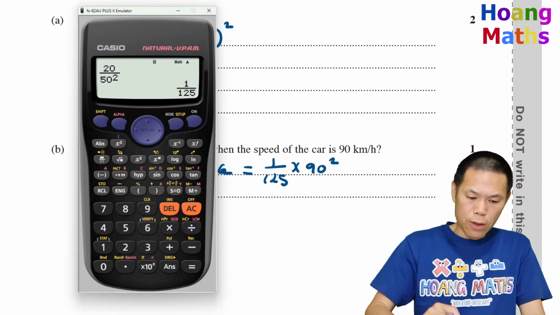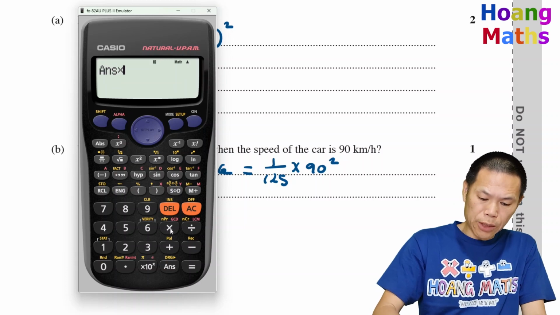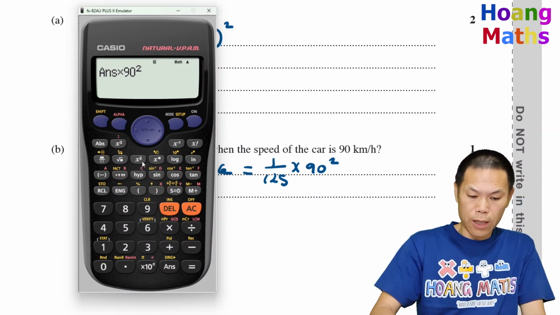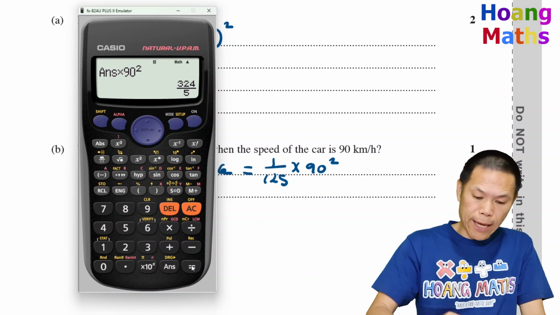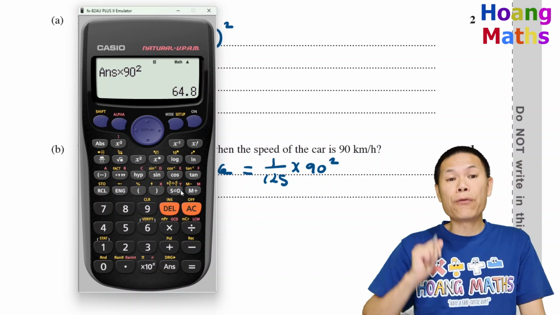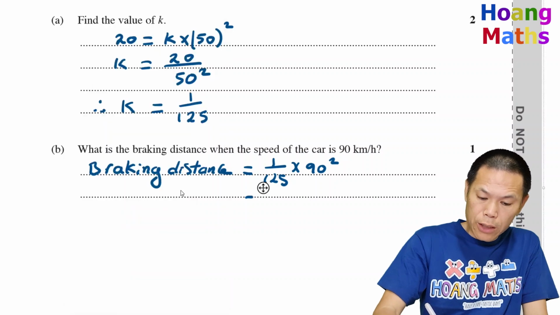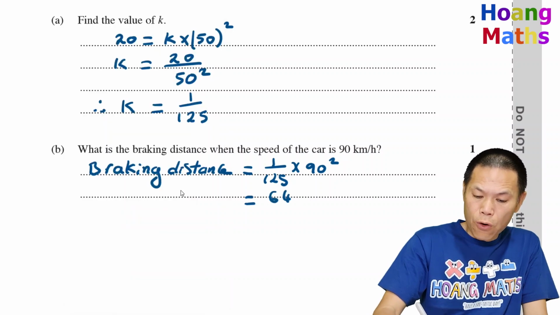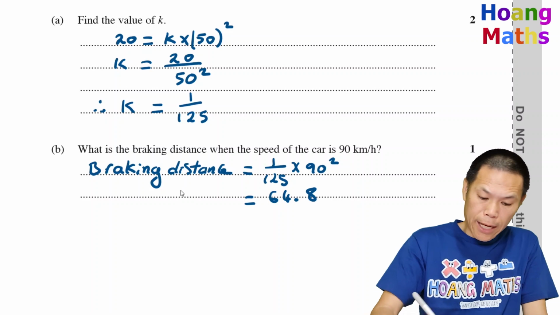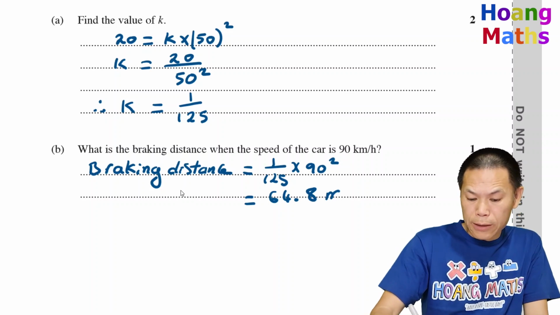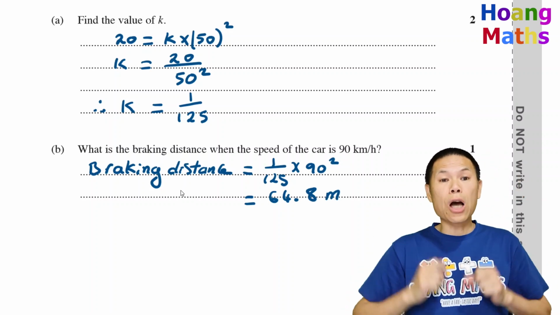I go answer times 90 squared, and I press the S-D button, 64.8. So let me write this down, equal 64.8, and the distance is in meters. So there you go.